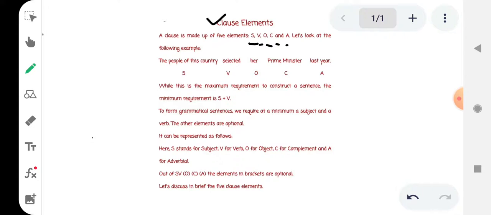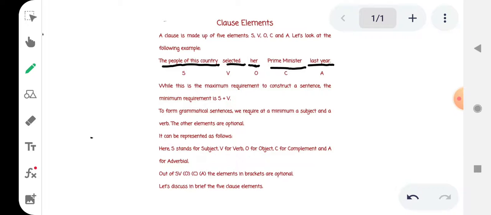Here we have taken one example. The people of this country selected her prime minister last year. The people of this country is the subject here. Selected is the verb, her is the object, prime minister is the complement, and last year is the adverbial.